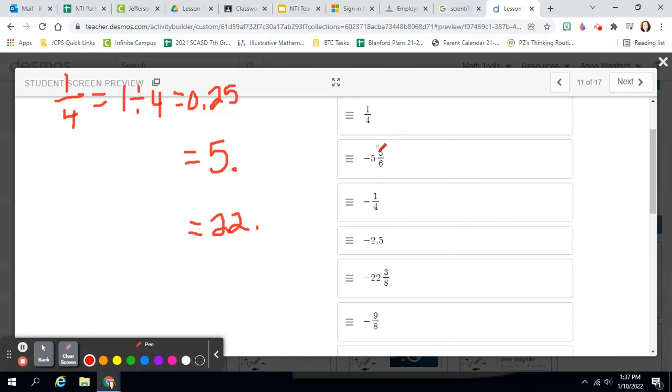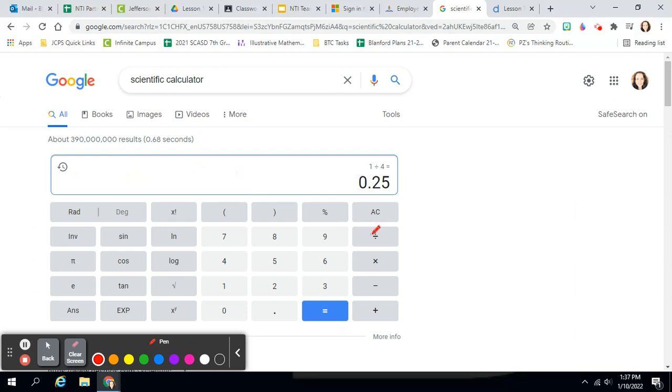We're doing negative 5 and 5/6. So I'm going to have to change 5/6, negative. The part I have to put in the calculator is just taking the numerator and dividing it by the denominator, right? We don't care about this 5 out here because we already know it's in front of that decimal. So I'm going to go back to my calculator.